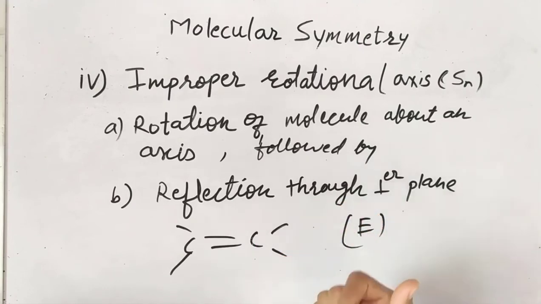Take the example of PtCl4, it contains main principal axis, subsidiary axis, vertical plane, dihedral plane, inversion, and horizontal plane. So like that, every molecule contains so many symmetry elements.